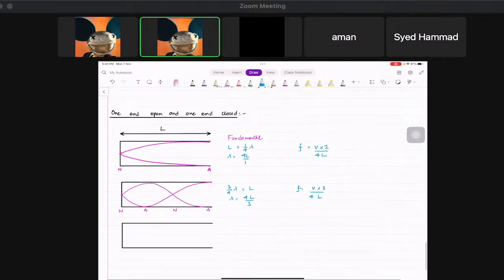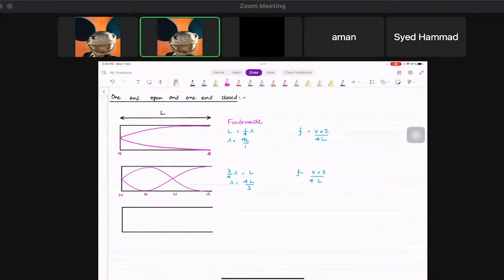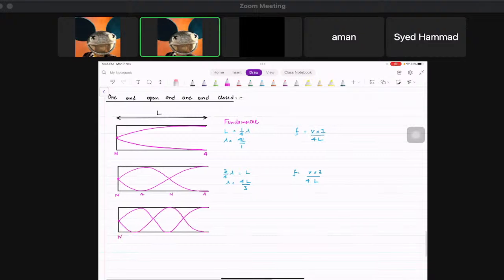And now the next one forms like this. So it goes like this, and this, and this. So there is a node, antinode, node, antinode, node, and antinode, like that.